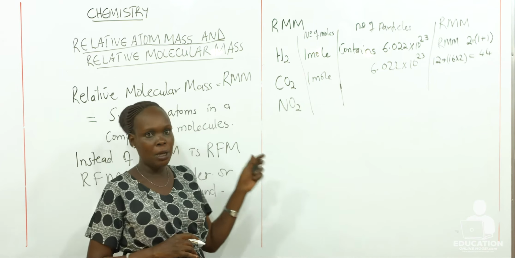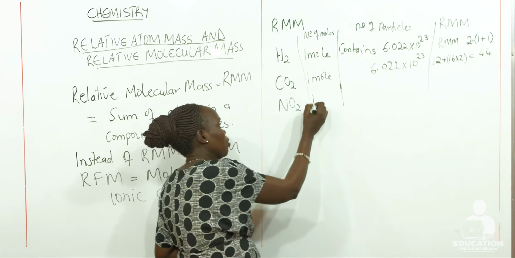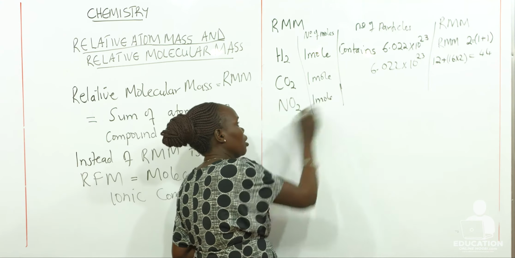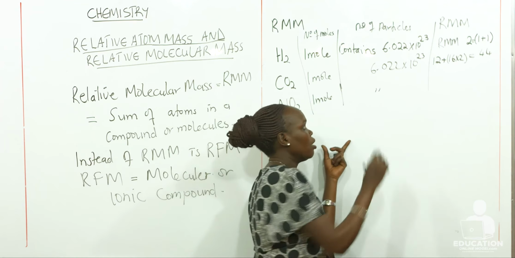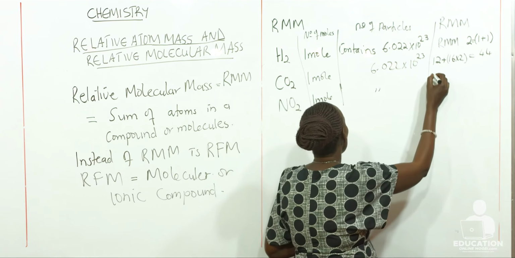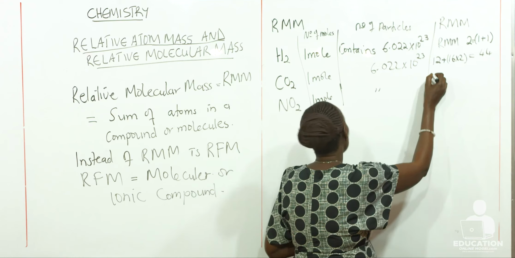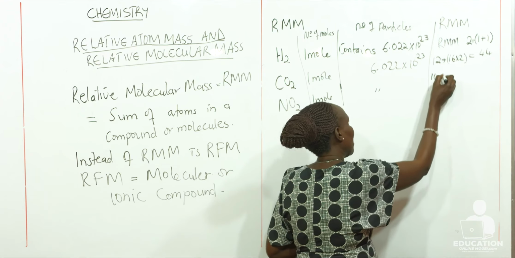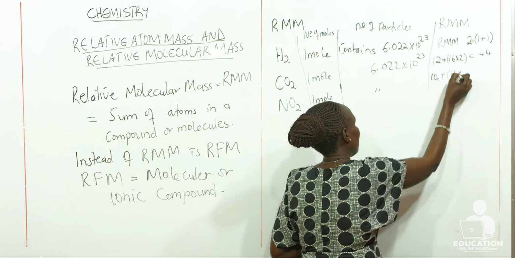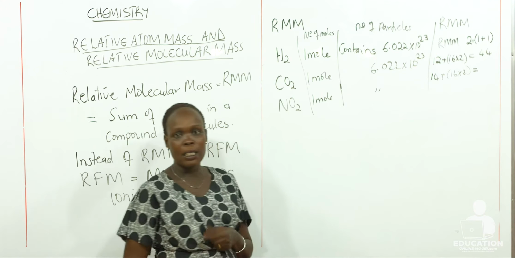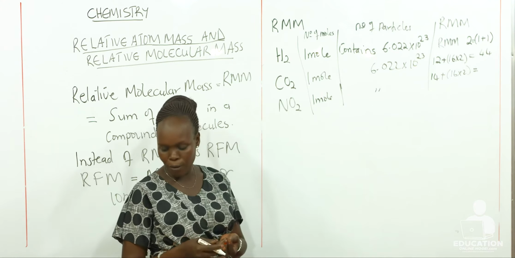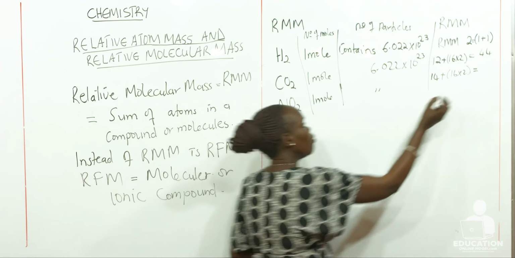So we do the same by adding to get the molecules. Here we have 1 mole, the same number of particles, but they differ in the relative formula mass. So we shall have 14 plus 16 multiplied by 2. Then the relative formula mass is equal to 46.